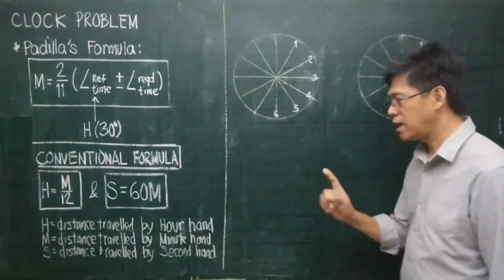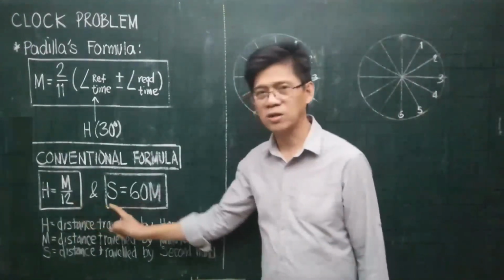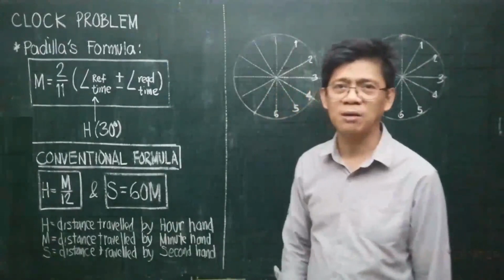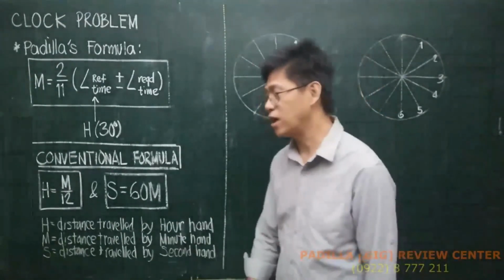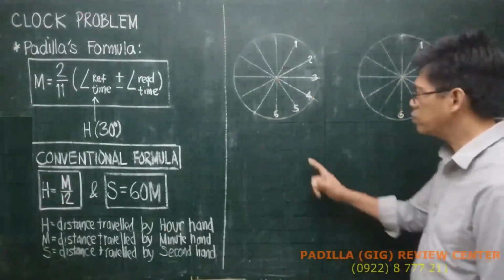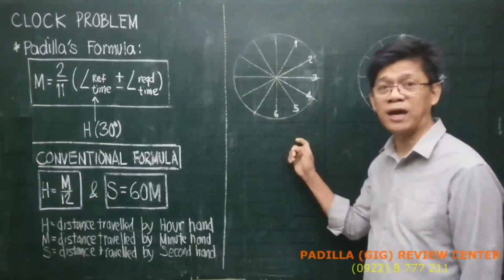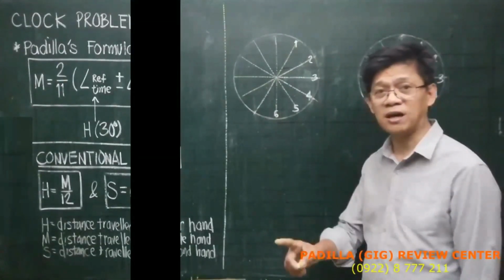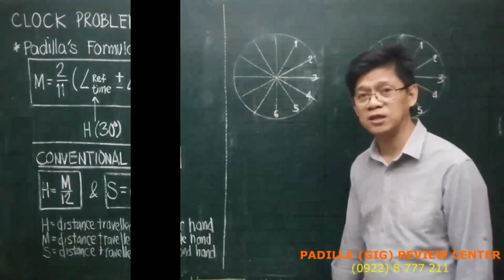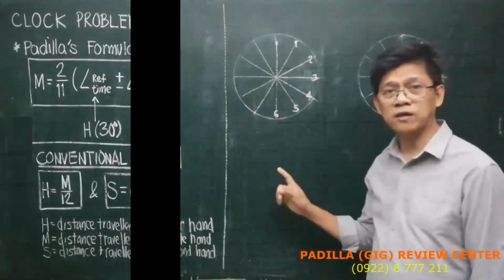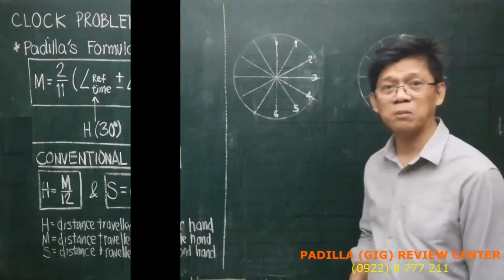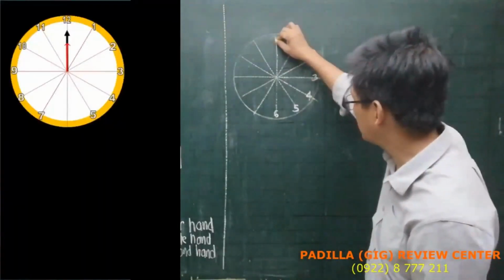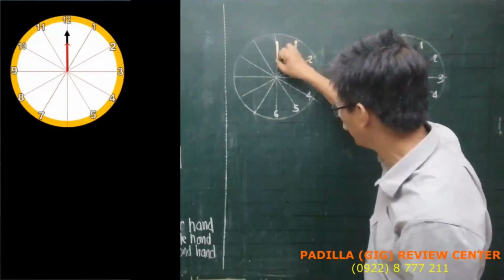Now, saan natin nakuha itong formulas na to? Actually, kahit hindi mo i-memorize, alam mo yan, college pa or elementary pa actually. If we consider the movement of the hands of the clock, the minute and the hour hand, let me remove first the second hand. From 12 to 1 o'clock, at 12 o'clock, the minute hand points to 12.